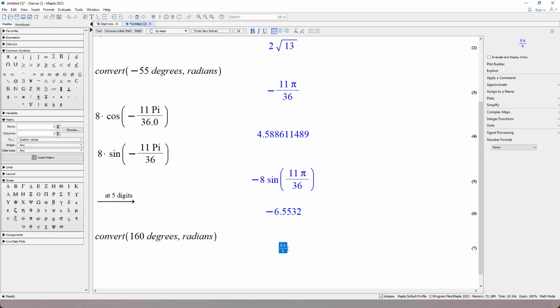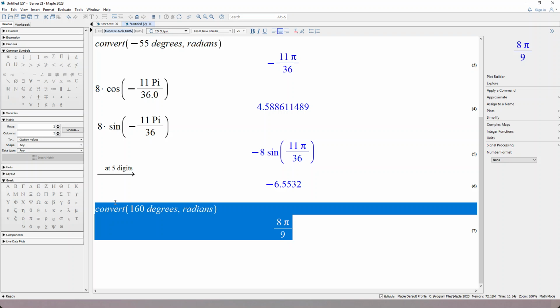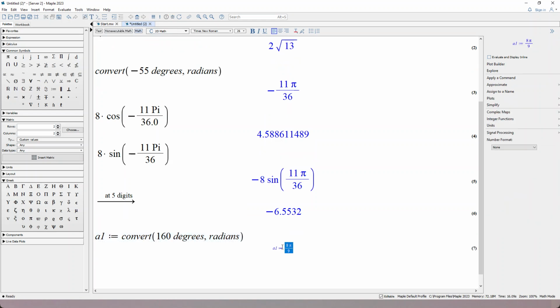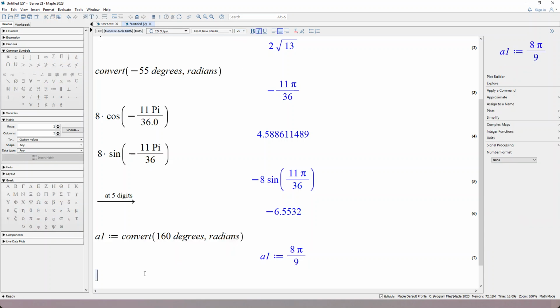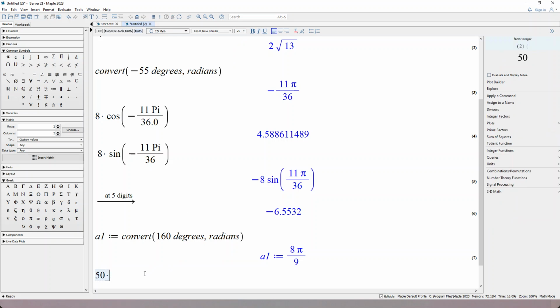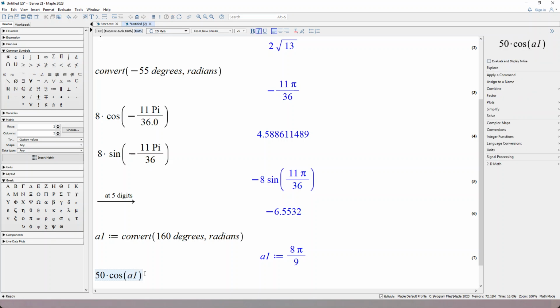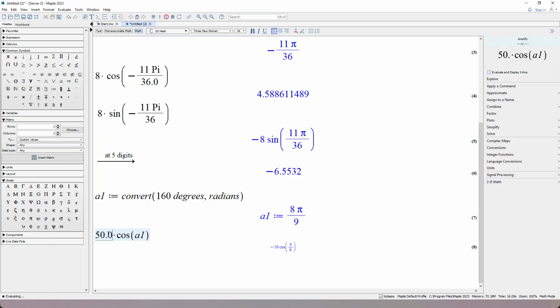I can call that something, say A1 colon equals, so now it knows A1 is that angle. Then I can say, find me 50 times the cosine of A1. And if I want a decimal for that, I could do 50.0 perhaps times it.